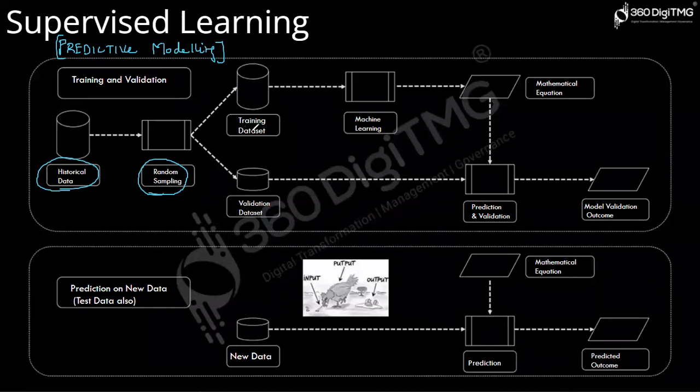We are going to split the data into training data set and validation data set. We use the training data set for training a machine learning model. The model could be anything. We'll be looking at different machine learning models. So we use the training data set to train a machine learning model.